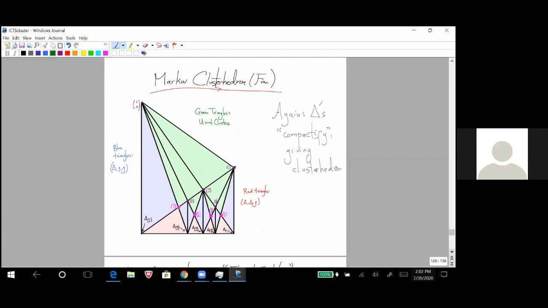So we're going to do the same thing. The G vectors are 3-dimensional vectors, and I'm going to project them to a 2-dimensional plane, just like we did before. And what you see, these purple things up here are the G vectors for the cluster variables.